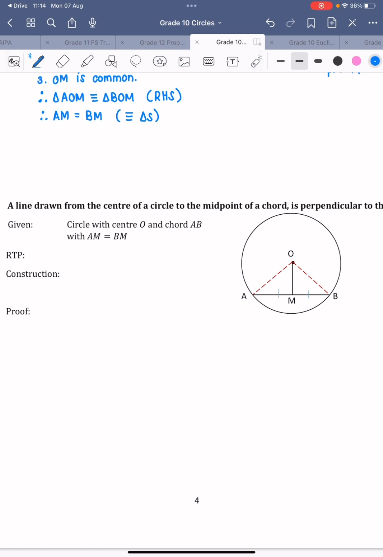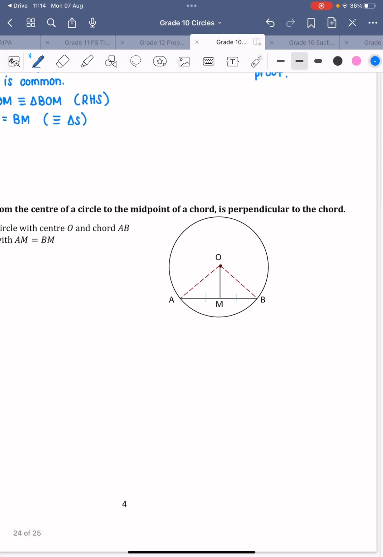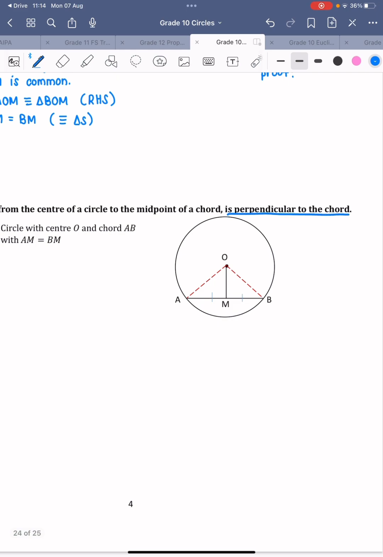So now, guys, it's very faint, but can you see there that it's given that these two are equal to each other? Right? That's now the given information. What is required to prove is the last bit, that it's perpendicular. Okay, so that is what we're going to have to prove. We are going to have to prove that OM is perpendicular to AB.